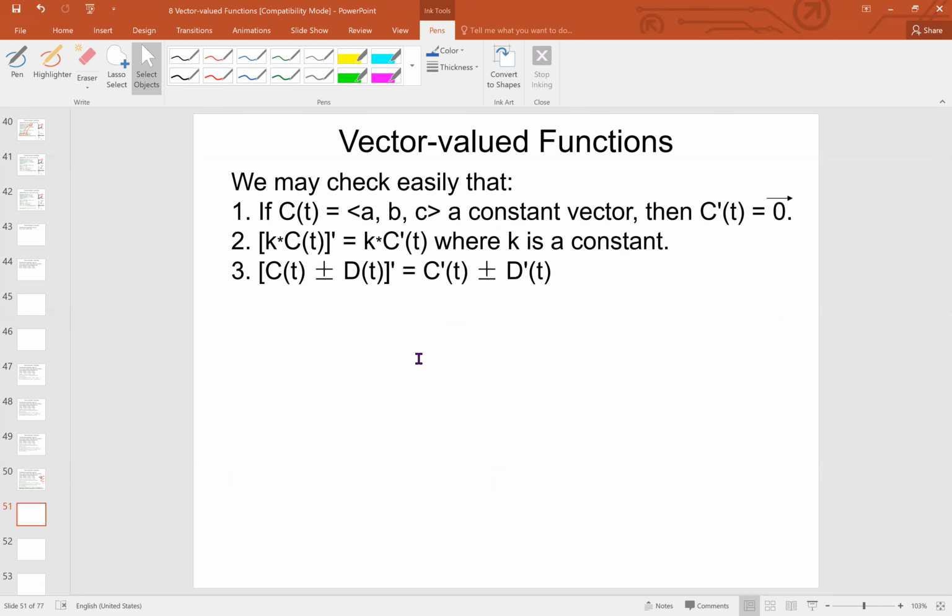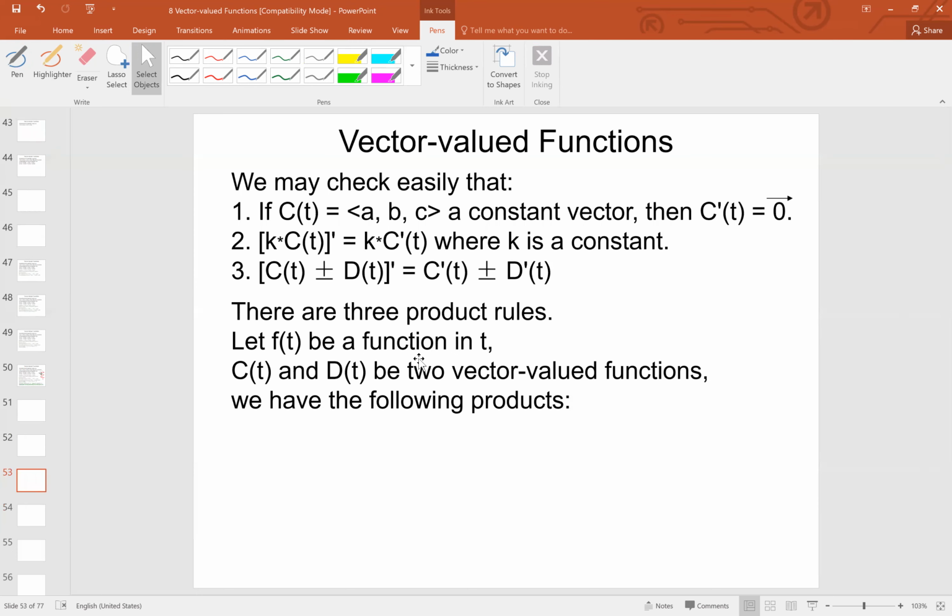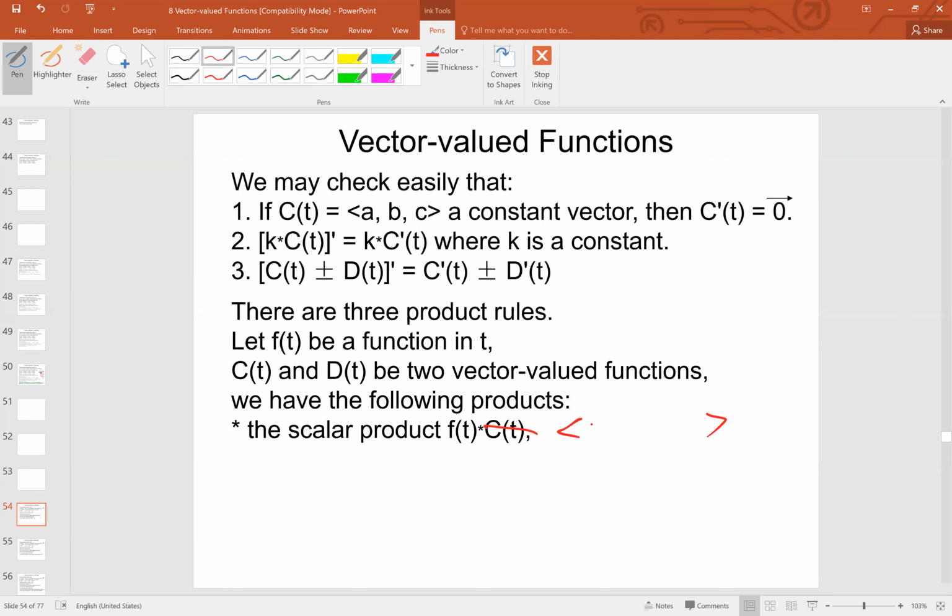And what are the rules for derivatives? The sum and difference rule, I can prove the constants, all these are the same as before. And the product rule is exactly the same as before, but there are 3 different products. There's a scalar product. f(t) is a function in time, so I can multiply that to C(t), like x, y, z here.